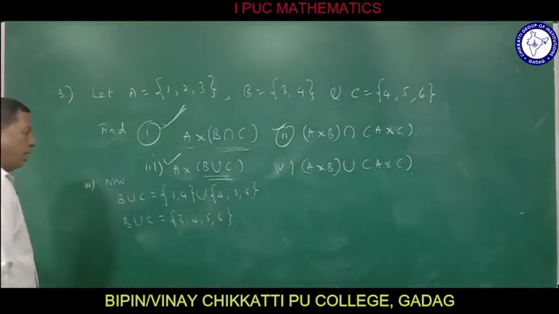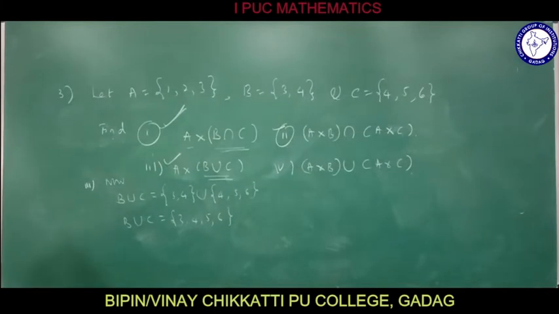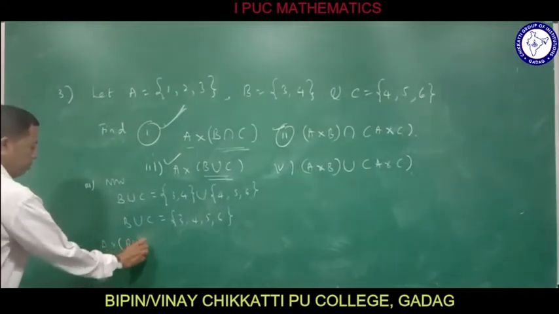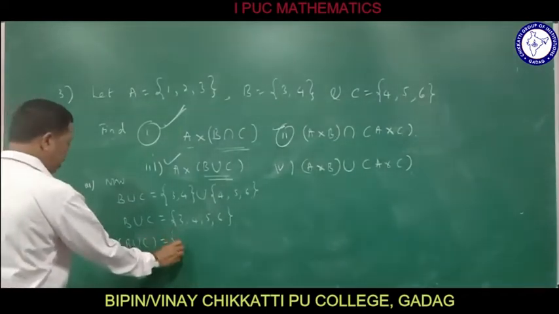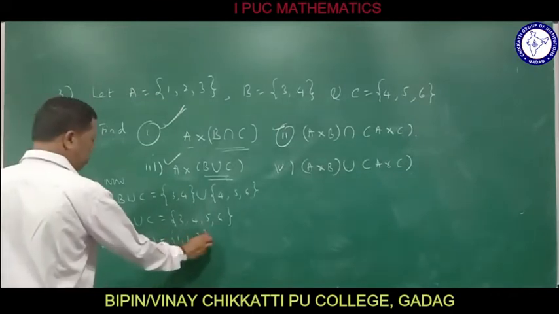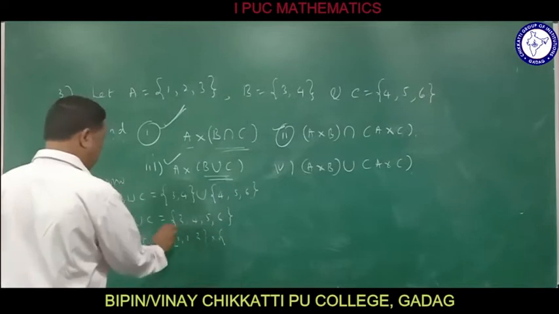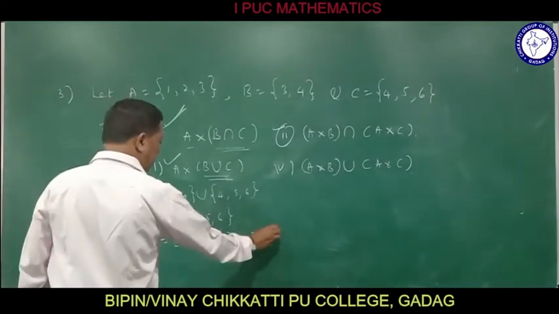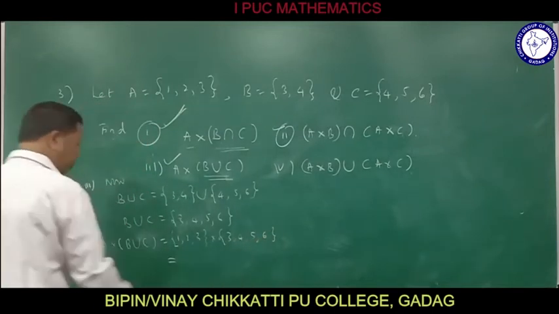Union means all the elements without repetition. Therefore, A cross (B union C) is A, which is {1, 2, 3}, cross {3, 4, 5, 6}.